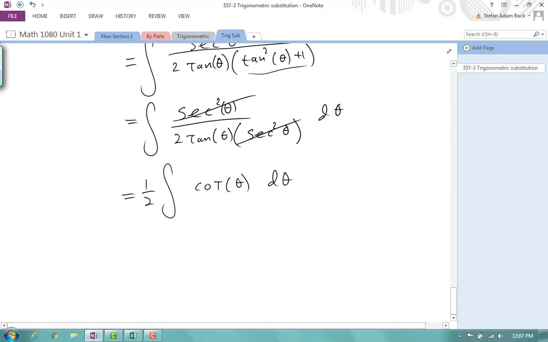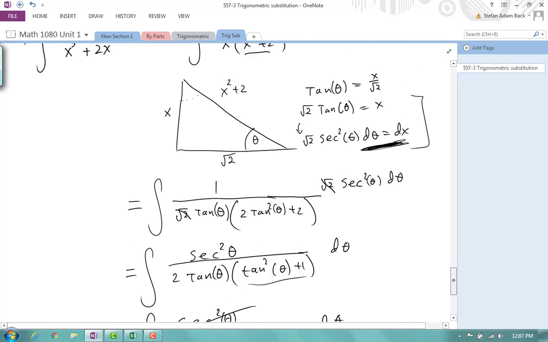And if you recall this one, this is a simple u substitution problem, but if I recall, and I do recall, this is going to end up being 1/2 times the natural log of the sine of theta plus c. Now when I go back to x's, I need my triangle again.